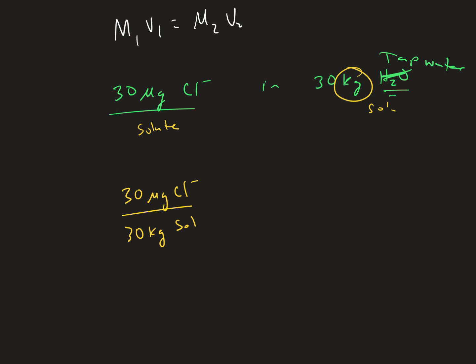If it's in liters or in volume, then this better be in milliliters and this better be in grams, right? If you're using mass over volume, it has to be in grams per milliliter if it's a water solution, because 1 gram of water is equal to 1 milliliter of water. You want the units to cancel out for the percent concentrations and the parts per million, parts per billion. Good?